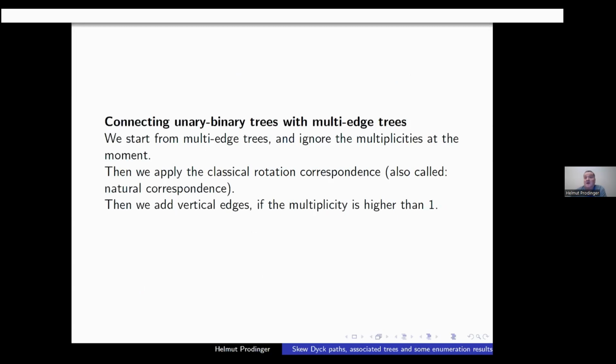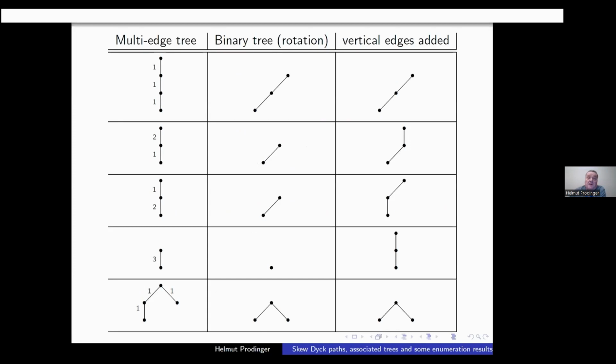And there's another bijection I would want to mention briefly, namely between unary-binary trees and the multi-edge trees. So how do you go from one to the other? First of all, you take the multi-edge tree and you translate it into a binary tree. That's the classical rotation correspondence. Okay, so that's one step.